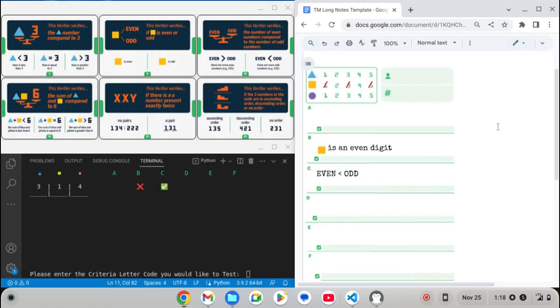Well, I'm glad I tested that, because that means that both triangle and circle must actually be odd, since we already have our single even in square. So let's go ahead and cross out all the evens in triangle and circle.